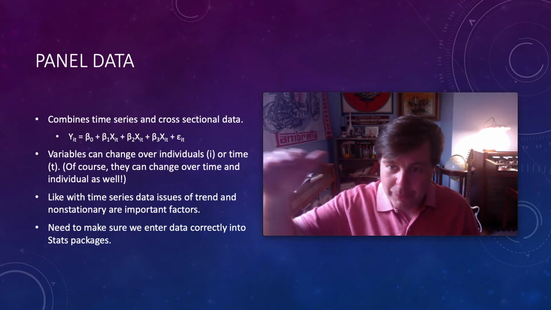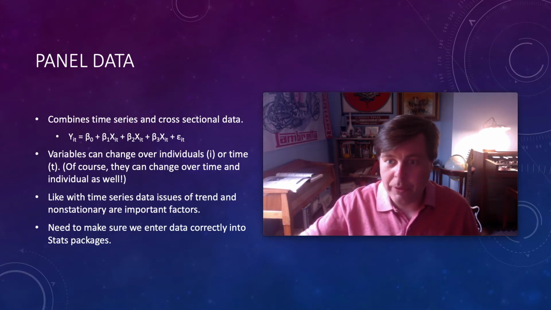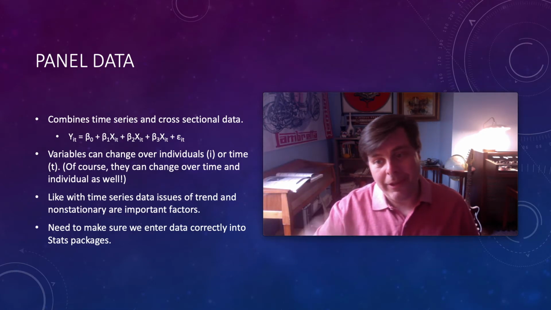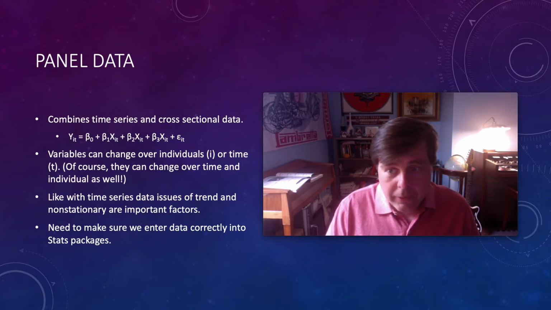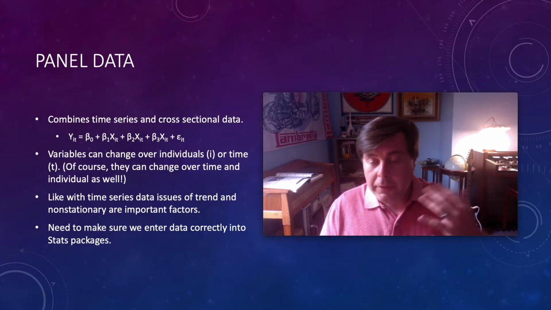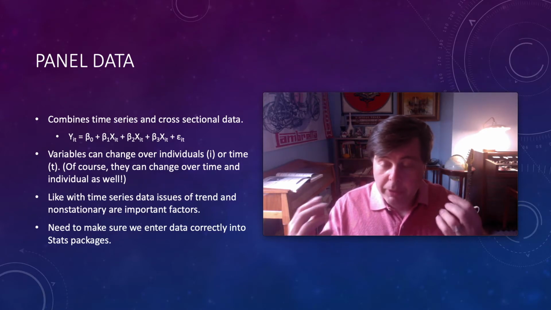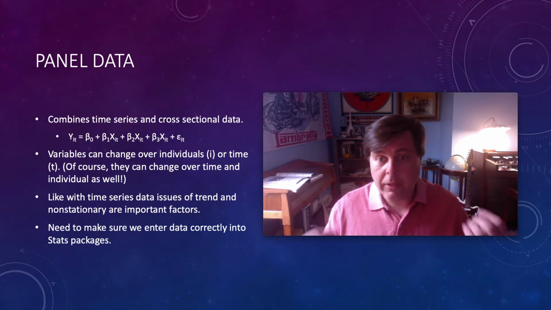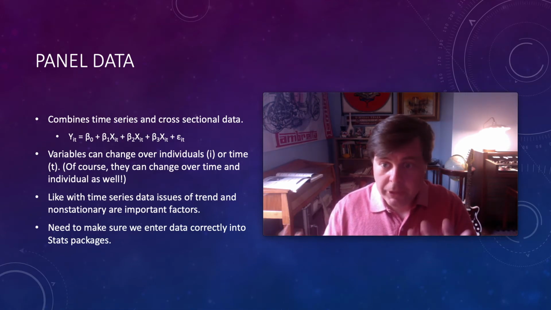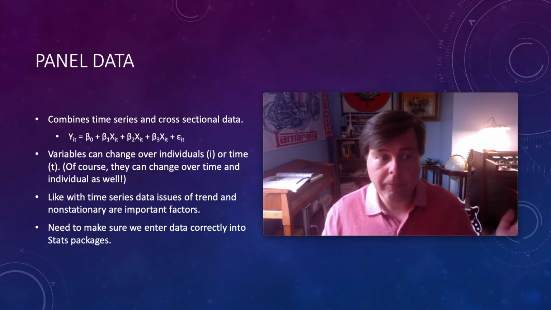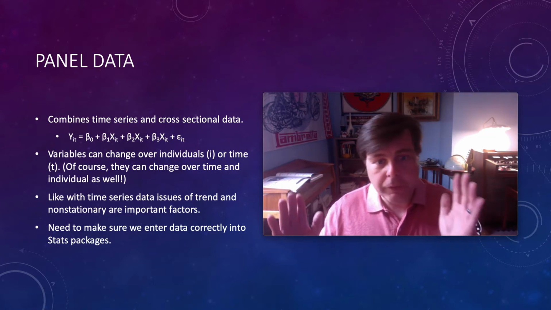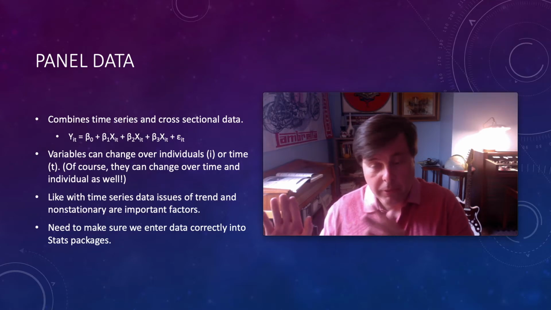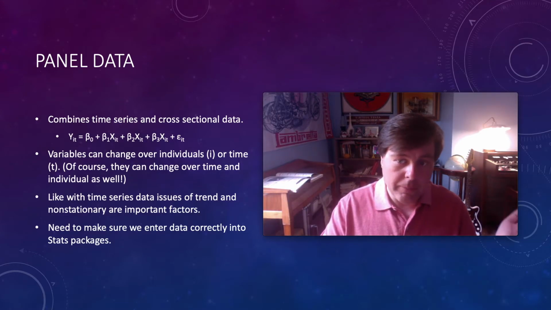And then we have 90, 91, 92, 93 for Arizona, and so on through all the 50 states alphabetically. This is panel data. Okay, so we've got a cross-sectional element, state, 50 states. And we've got a time series element, years, early 1990s. Now in this case we have variables that can change over individuals, the cross-sectional element, or state, or time.